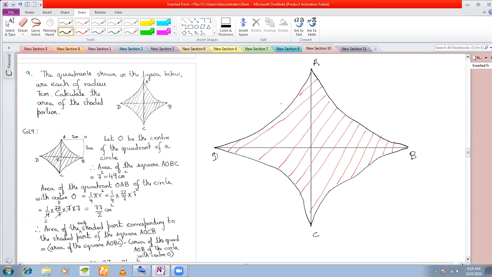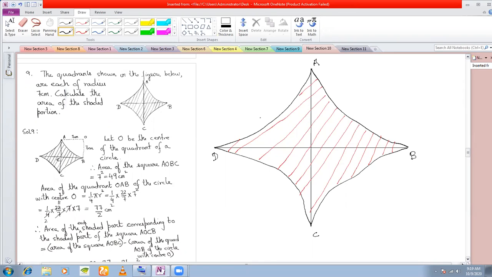Tell me what is the difference between a quadrant and a quadrant of a circle? A quadrant means one fourth part of any shape, and a quadrant of a circle means one fourth of a circle only. So here, when they are saying quadrants, they do not mean a quadrant of a circle.